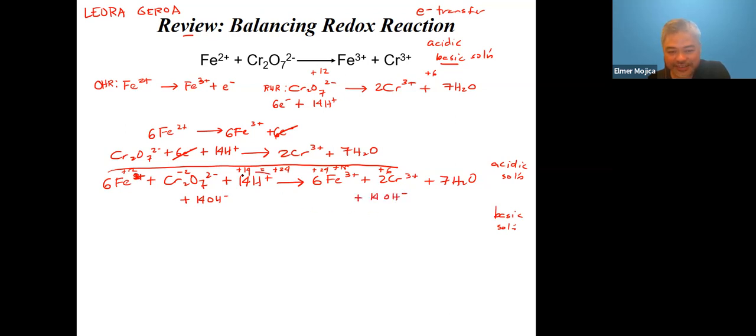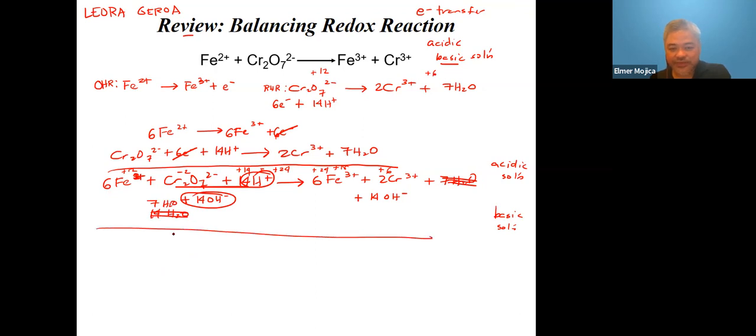So ano nangyari dito? Magkakaroon ka ng 14 H2O. Since you have 14 here, you have 7 here, so maka-cancel out to. So you will have here 7 H2O. And then you just bring down everything. Oh, wala na yung 14 OH minus.